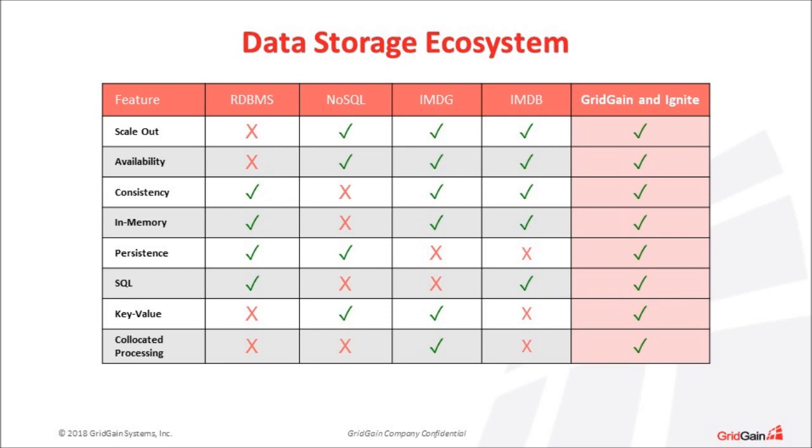Then in-memory data grids and in-memory databases came in, which said, OK, we can be fast, we can be scalable, we can still transact and query, use SQL in memory. But now you have to sacrifice persistence because it's very difficult to introduce distributed SQL, as I mentioned, and distributed persistence that is synchronized between memory and disk.